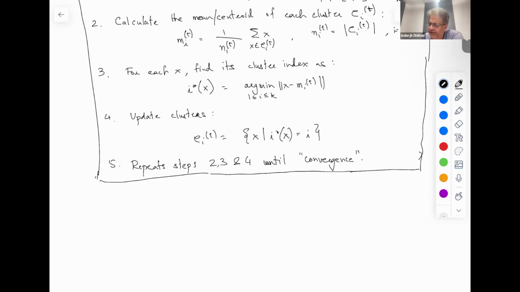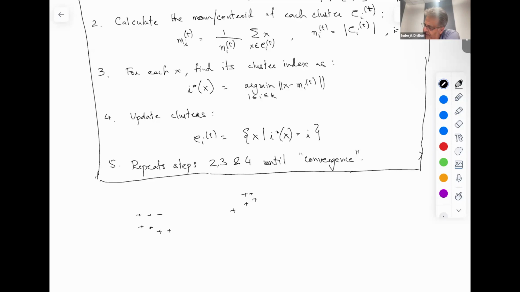So let me take an example where you have this. Let me make it a little closer. So how many clusters do you see? Most people will say it's two clusters, one here and one there. But suppose my clustering at that time t, let me also draw it over here.